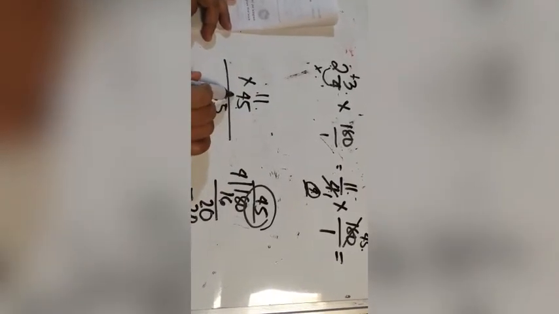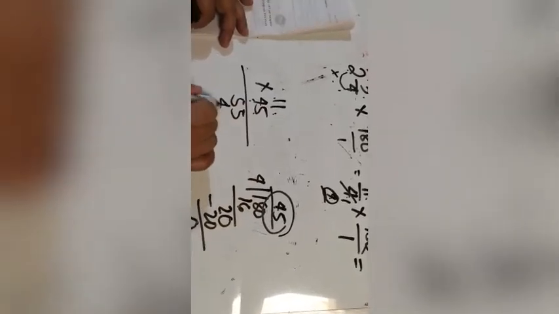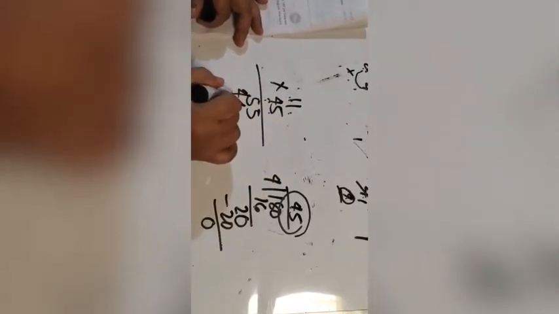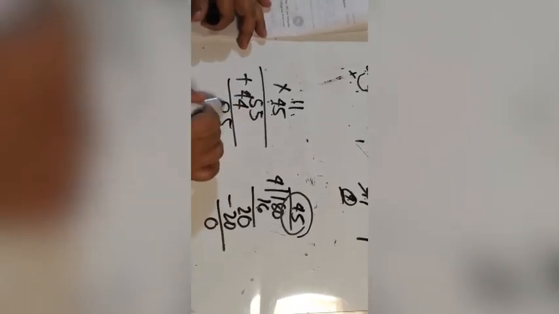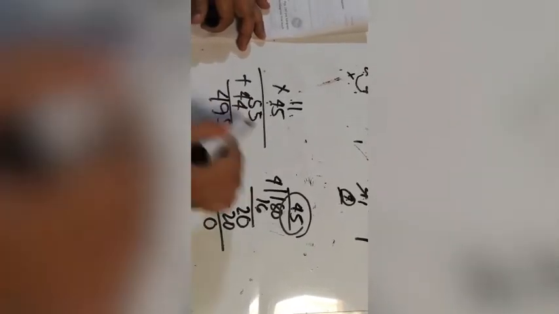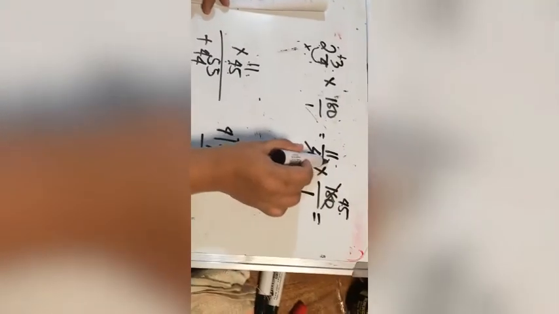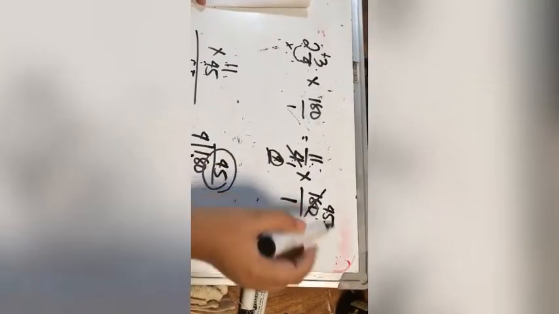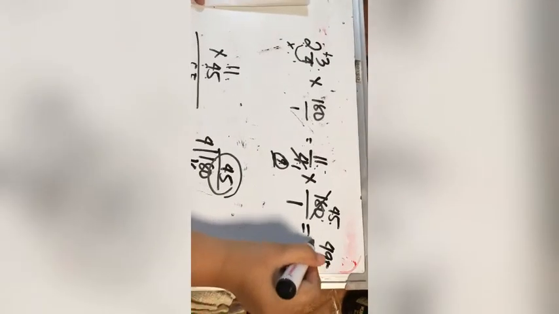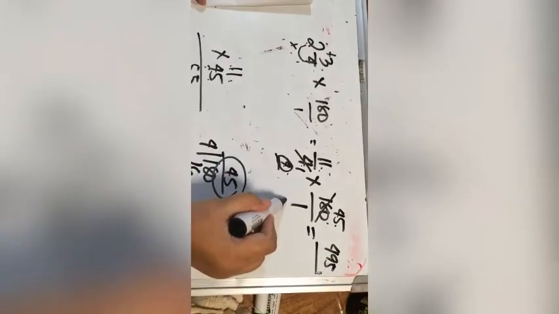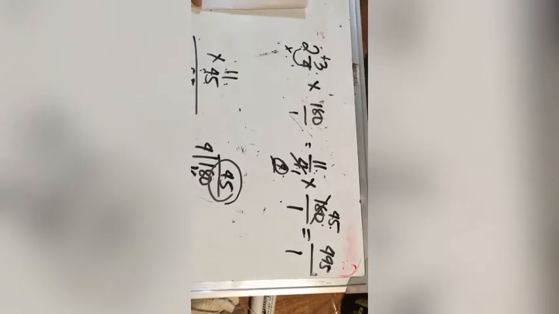And another one, 4 times 1 is 4. 4 times 1 is 4. Then add the partial product: 5, 9, and 4. So when you multiply 11 times 45, that is 495 over 1 times 1, 1. Okay, our answer is 495.